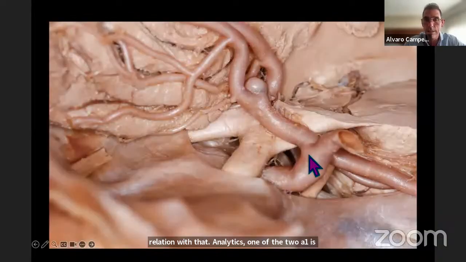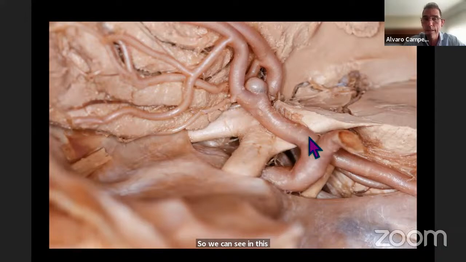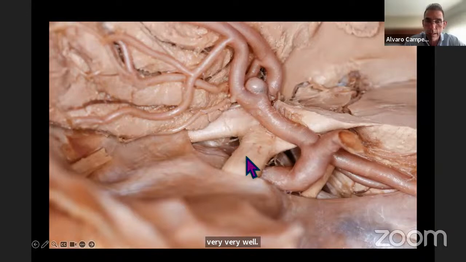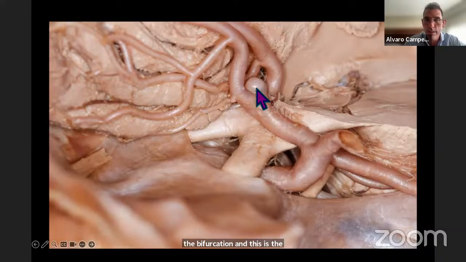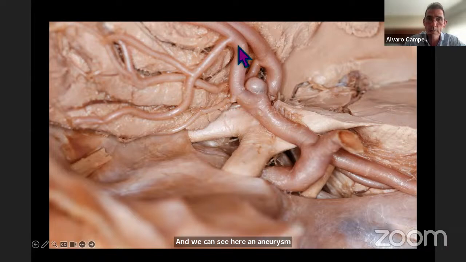So we can see this very well in this specimen. This is the left optic nerve, left carotid artery, the bifurcation, and this is the A1, and we can see here an aneurysm, and we can see the right and left A2.